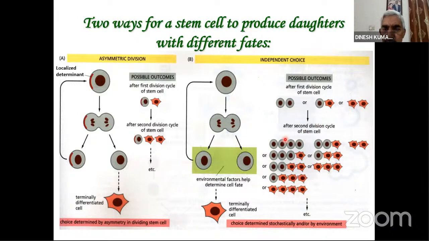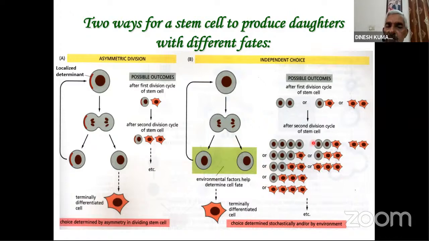In the second division, these two cells may form 4 stem cells, or 3 stem cells and 1 differentiated cell, 2 stem cells and 2 differentiated cells, 1 stem cell and 3 differentiated cells, or all differentiated cells. Likewise here, this is 2 stem cells, 1 stem cell, or all 3 differentiated cells.